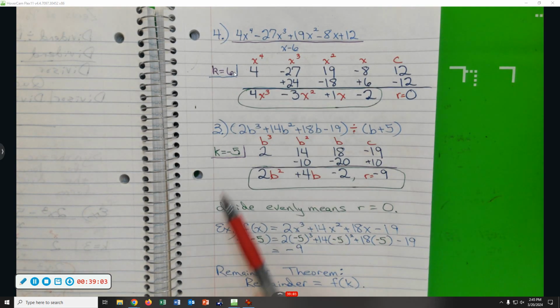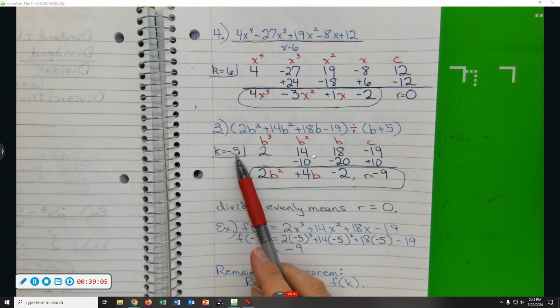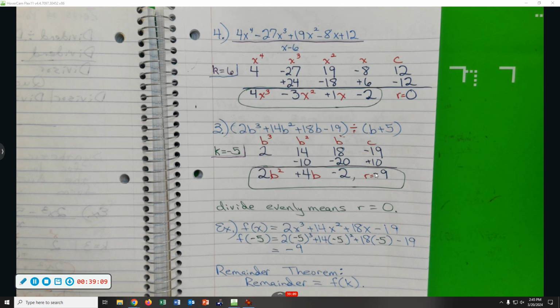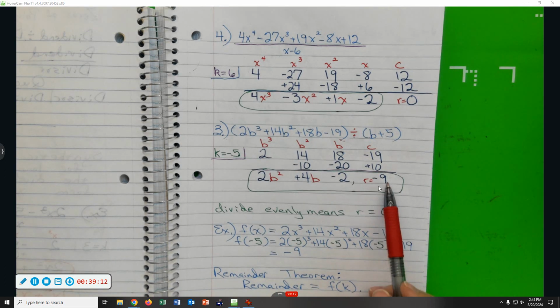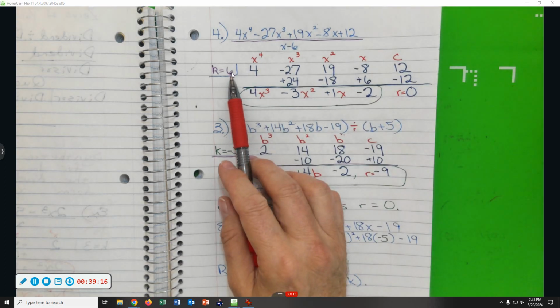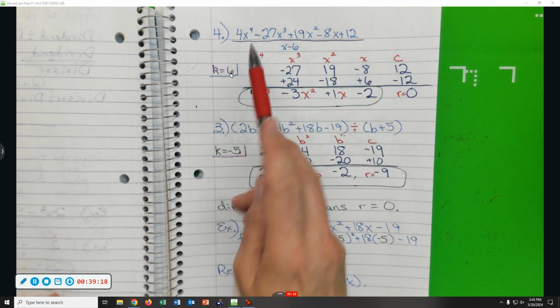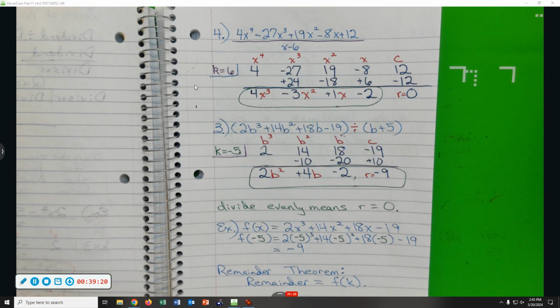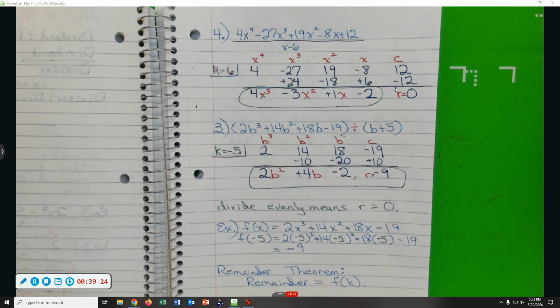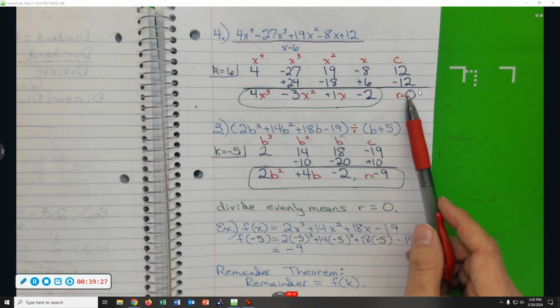So look over here. Is negative 5 a 0? If you plug negative 5 into that dividend, did that give us 0? No, it gave us a negative 9, didn't it? What about 6? Is 6 a 0 for the dividend? If you plug 6 in, would you get 0? Yes, the remainder is 0, so you get 0.